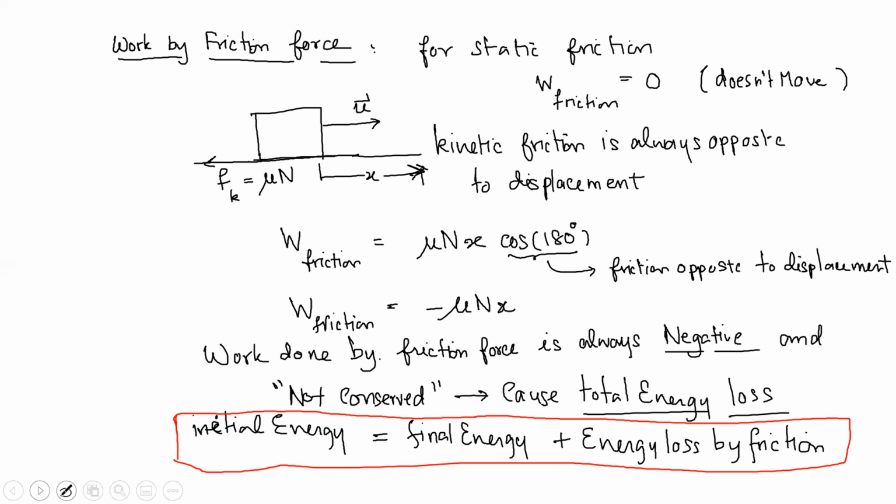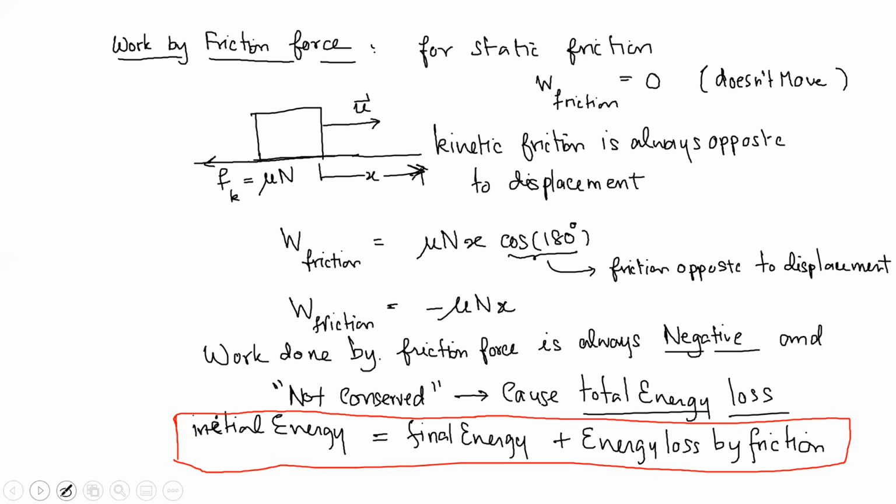By the definition of work, you don't have any work. So the work done by friction force will appear when the object is moving, so we are considering only the kinetic friction. However, the friction force is always opposite to the displacement, so the work of friction is always negative.